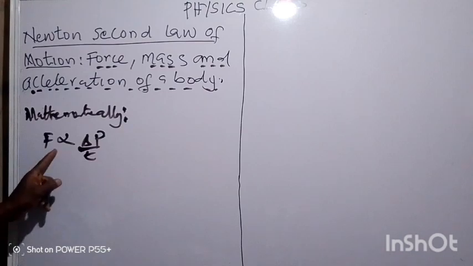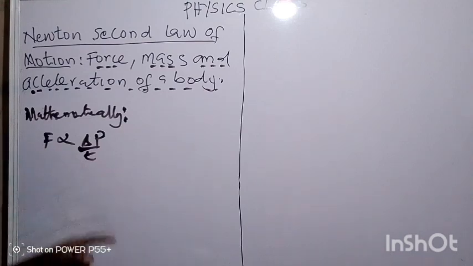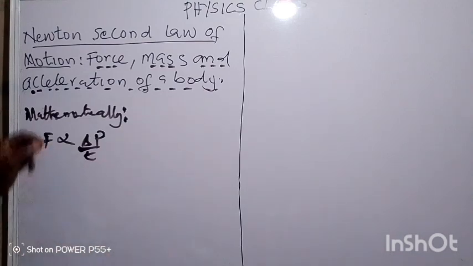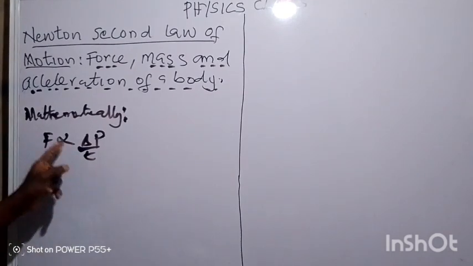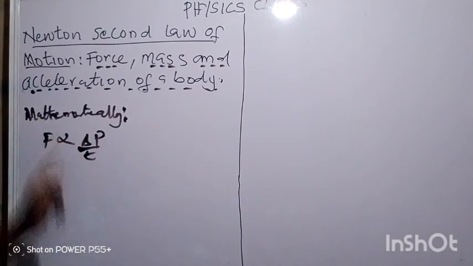That is, the rate of change of momentum is directly proportional to the force applied. In the word rate, time is inclusive. So F is directly proportional to delta P over t.